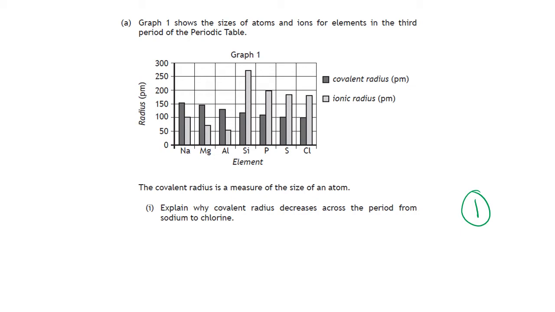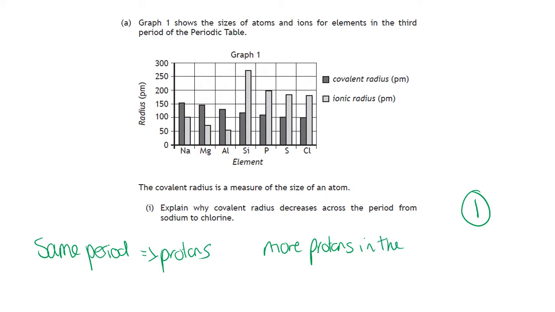And as you go from sodium to chlorine, they are the same period, which means we should be thinking about protons. And so if we're thinking about protons, period, protons, you can say there are more protons in the nucleus as you go across, or you can say greater nuclear charge.